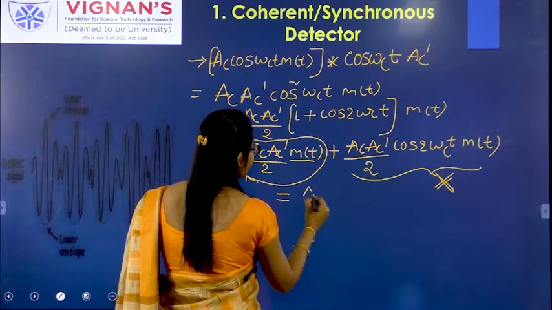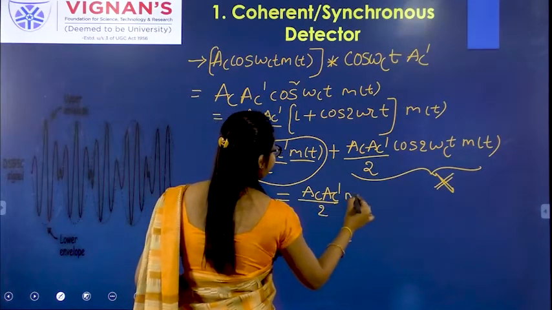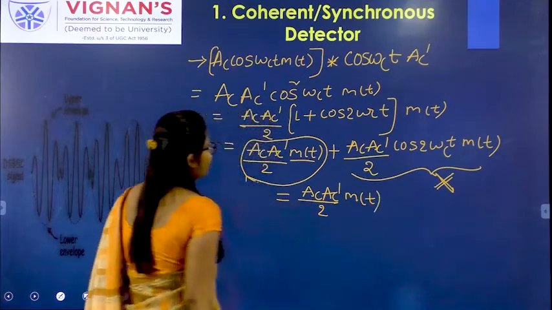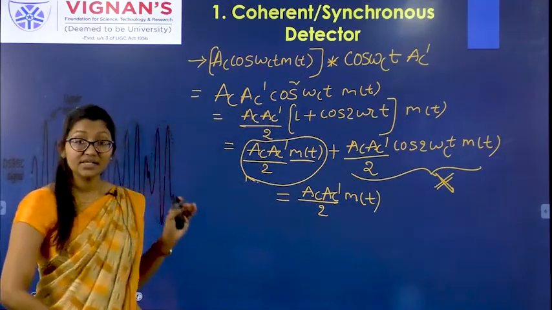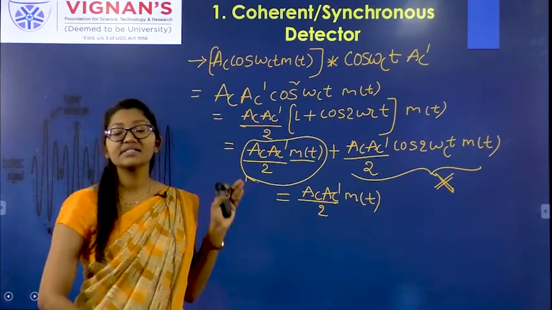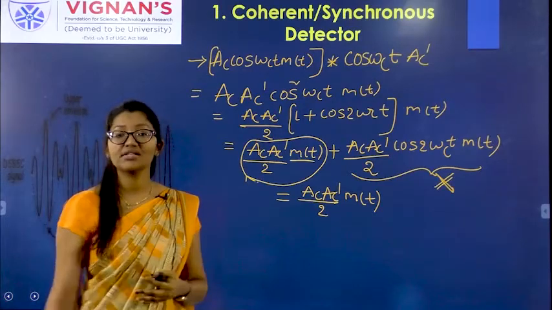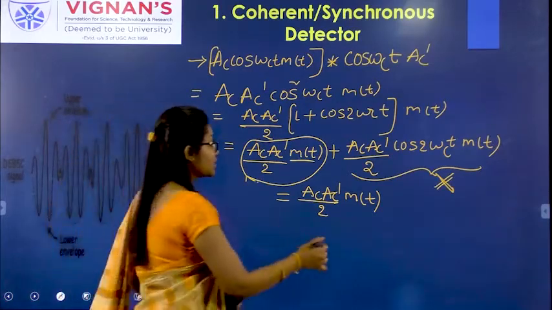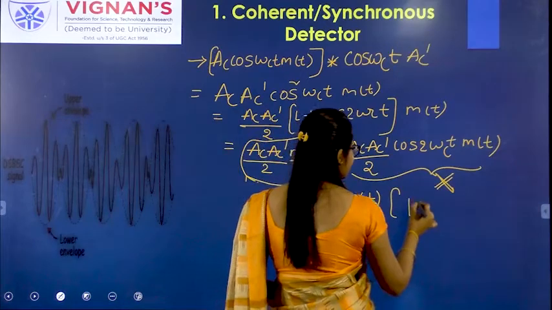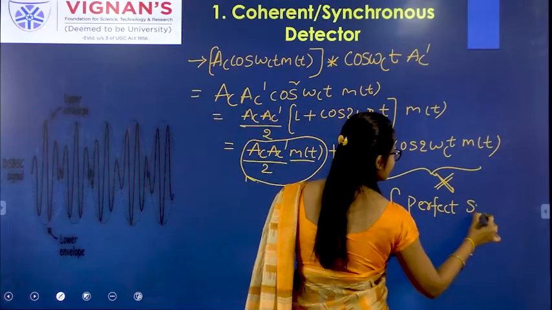So the final output you will get is Ac dash by 2 into m of t. Right? This occurs only when you have the same frequency and same phase, which means there should be perfect synchronization with the transmitter.